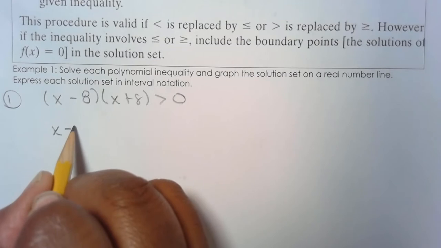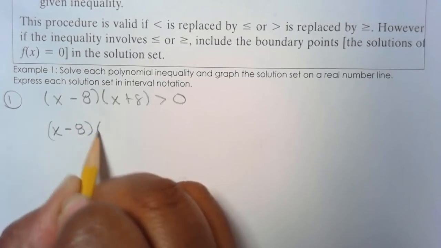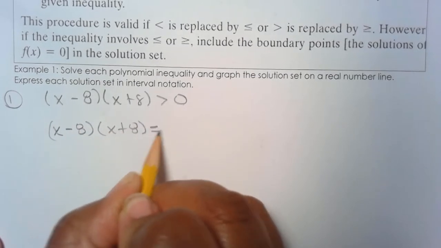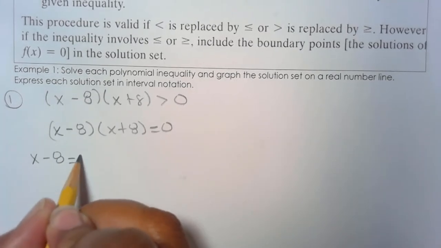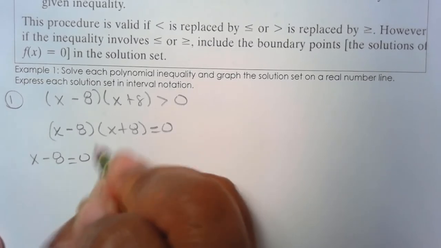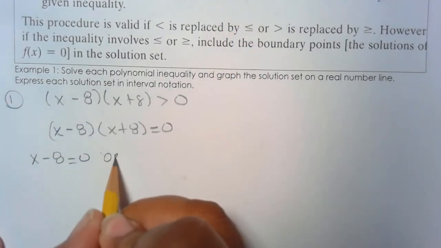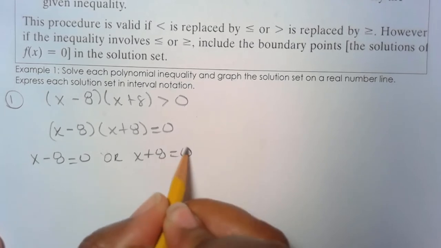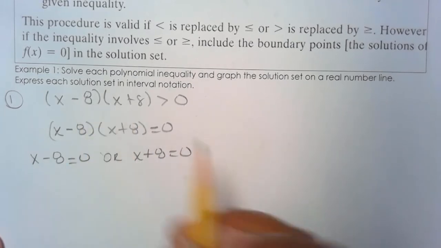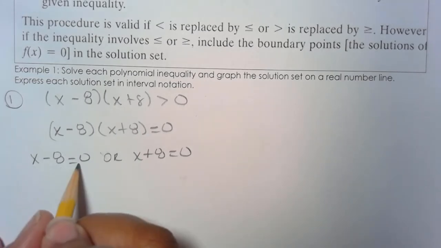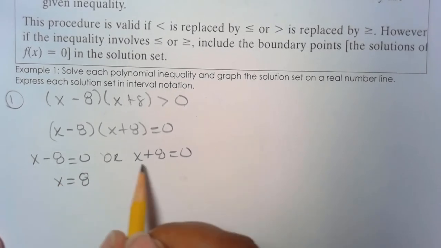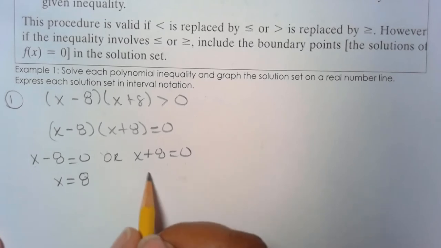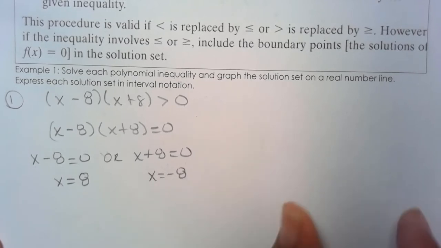We just write this as x minus 8 times x plus 8 equals 0. Then we use the zero factor property, where we set each factor equal to 0. This question is easy enough because it's already factored for us. So x minus 8 equals 0, therefore x is equal to positive 8, or x plus 8 is equal to 0, therefore x is equal to negative 8.